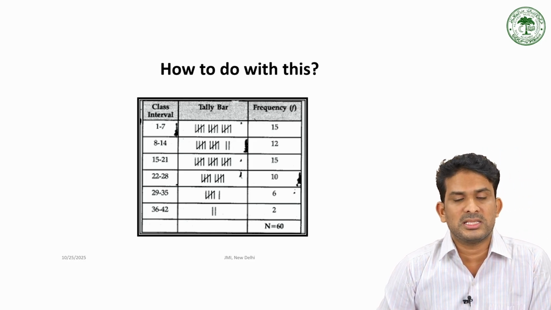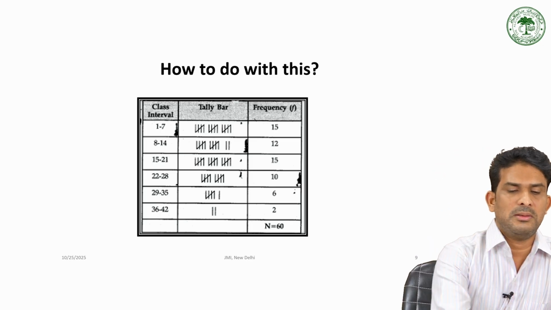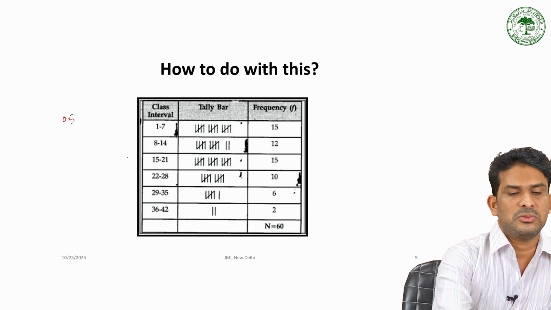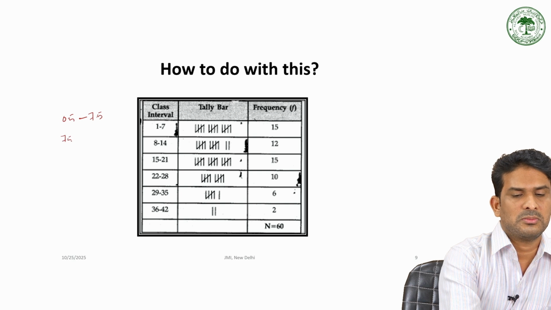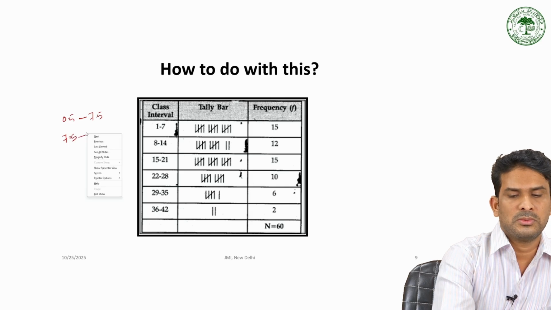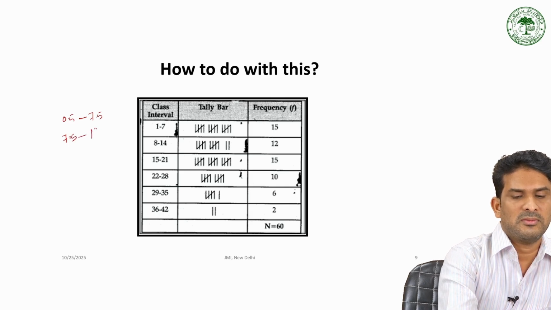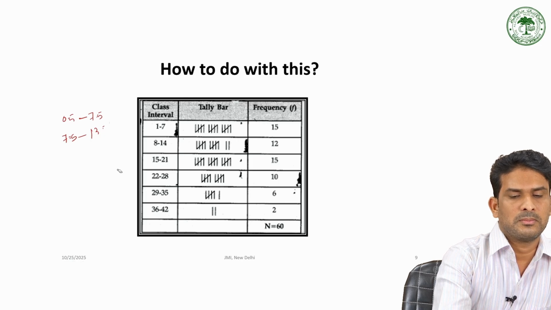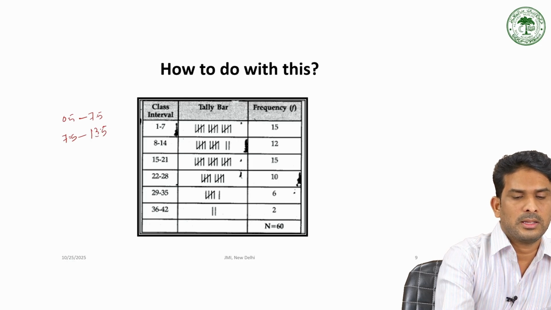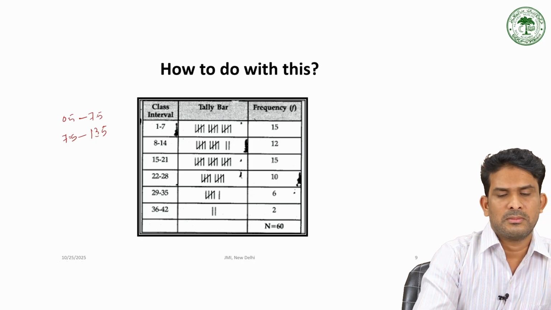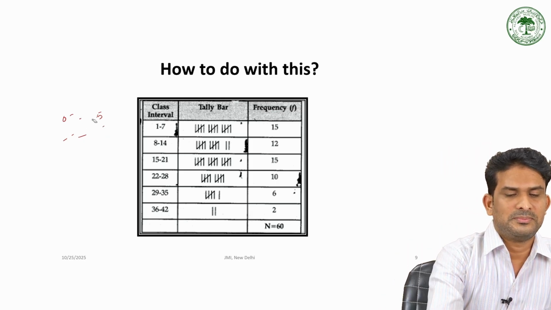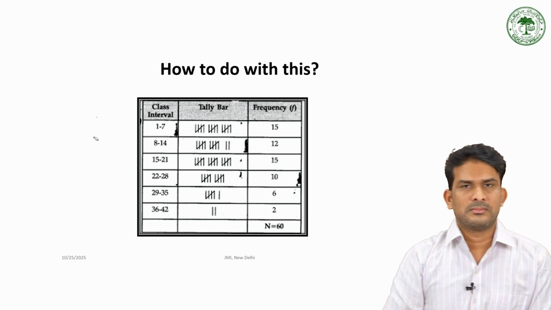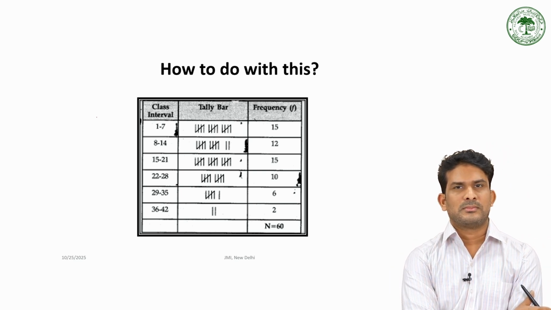That is the way of making it an exclusive distribution. So it will be like 0.5, 7.5, 7.5, 14.5.